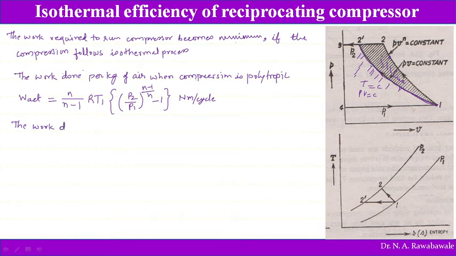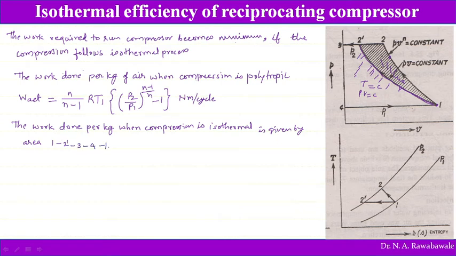Work done per kg when compression is isothermal is given by area 1, 2 dash, 3, 4 and 1 on the PV diagram.